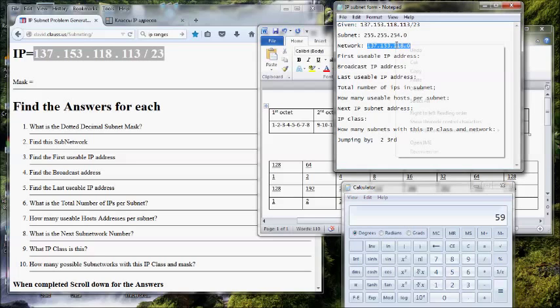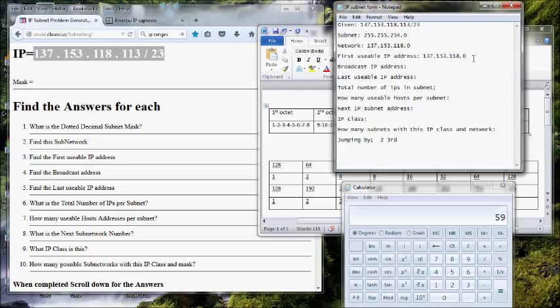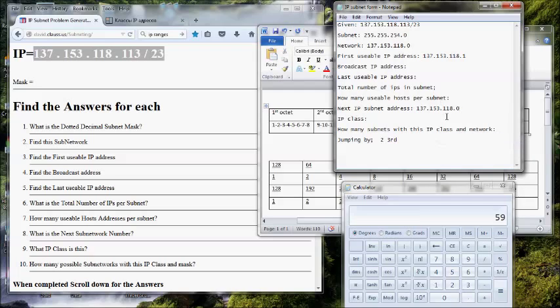In this case, what I'm going to do is copy that, paste it into the field for first usable, and in this case the first usable would be everything, and the last octet would be .1. By the way, since I know the actual network is 137.153.118.0 and it's jumping by 2 in the third, my next subnet address is going to be the third octet plus 2.